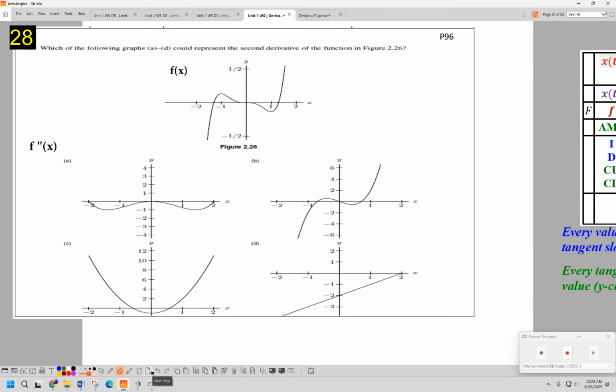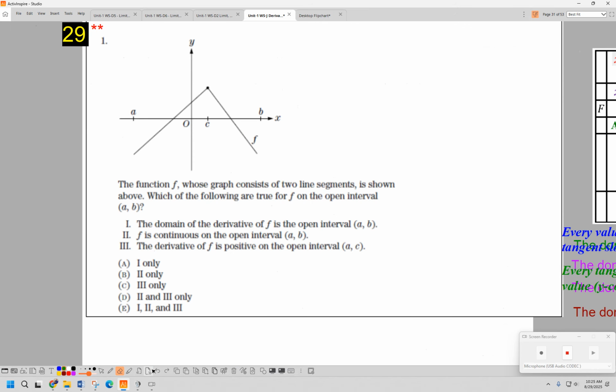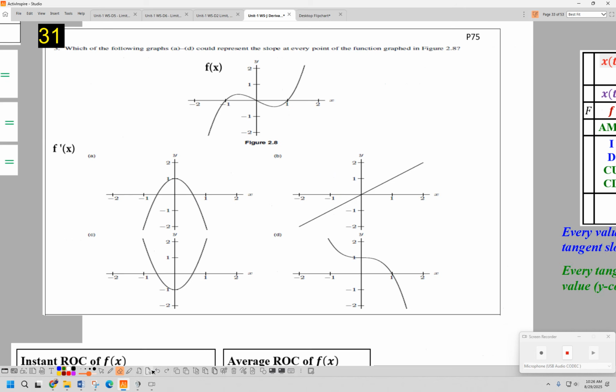Keep going. Almost there. That'll work. 31. So look at 31.